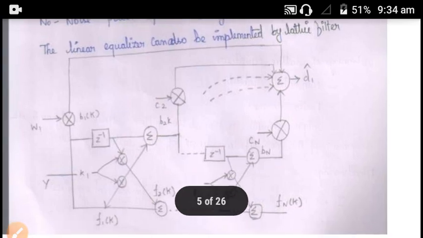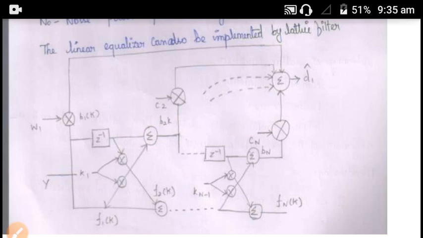This figure shows the implementation of the linear equalizer by using the lattice structure. Here in this lattice filter, the input signal is converted into N intermediate forward and backward errors respectively.